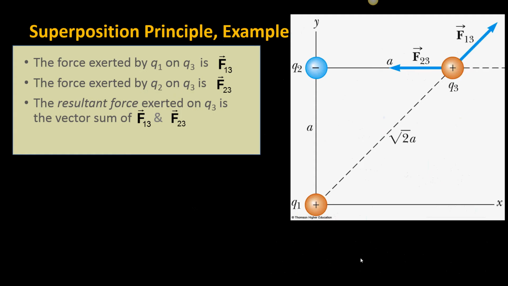Okay, now we go from the one-dimensional example to a two-dimensional example, and in general this could be put to 3 dimensions. Here in this case we're going to ask, what is the force on Q3? So Q1 exerts a force on Q3, and the r vector that takes us from 1 to 3 would be written r13, and it points in this upper right hand direction.